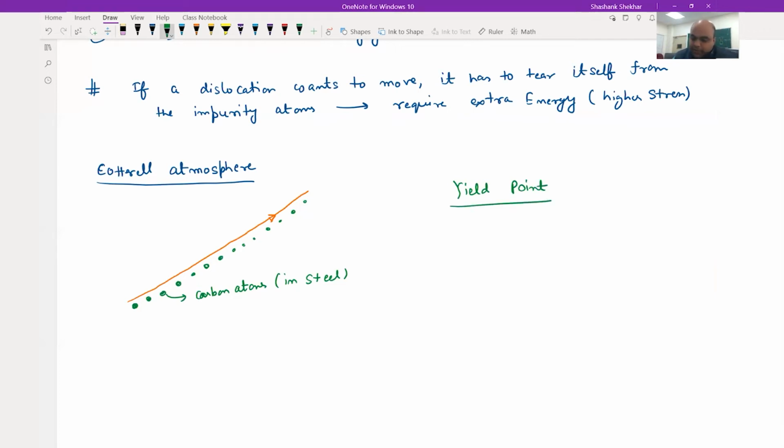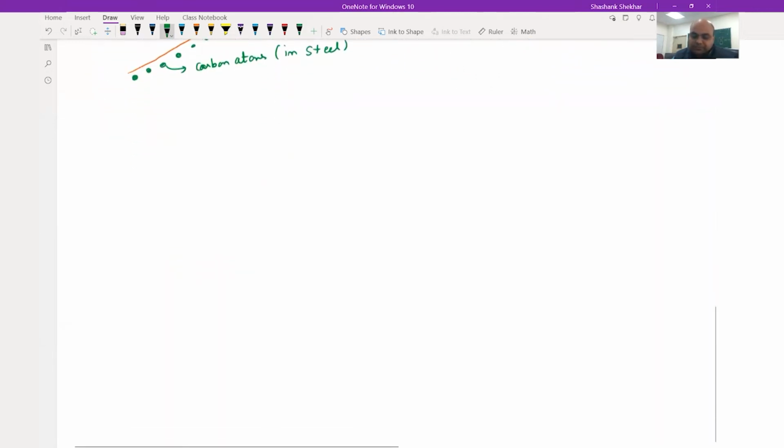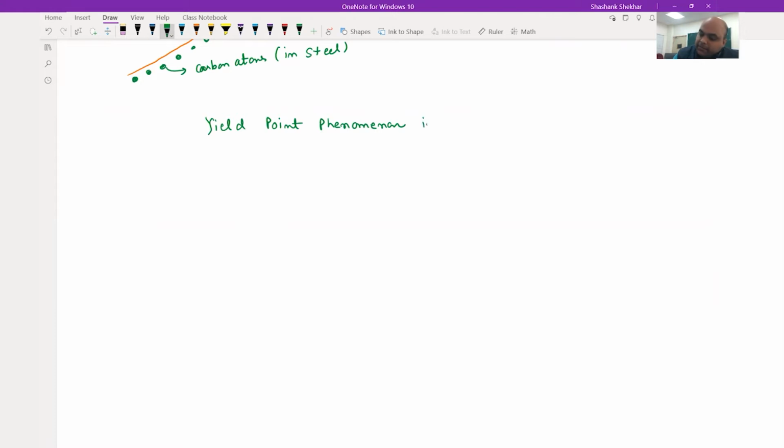So let's discuss what yield point phenomena is. Typically you are going to observe this yield point phenomena in medium carbon steel.